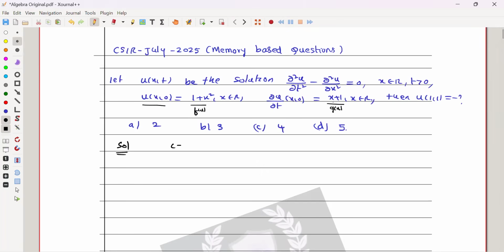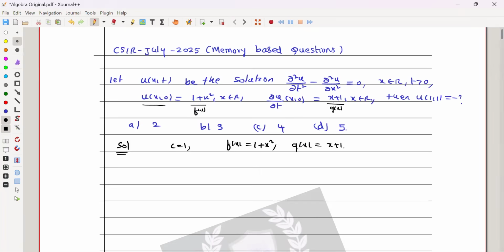So here c is equal to 1. Compare with the wave equation, where c, the wave speed, equals 1, f(x) = 1 + x², and g(x) = x + 1.